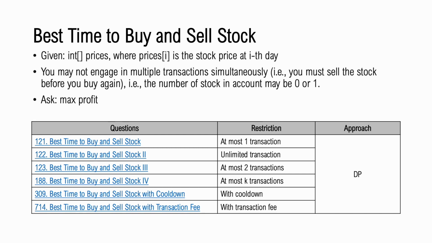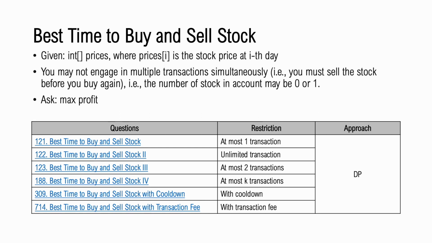For 123, you perform at most 2 transactions. For 309, with the cooldown, you need to take a cooldown after you sell the stock, which means that if you sell the stock, the next day you can't buy again. For 714, with the transaction fee, every time you sell the stock you have to pay the transaction fee. All these problems can be solved with dynamic programming.